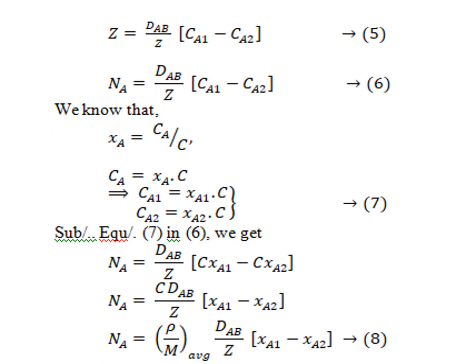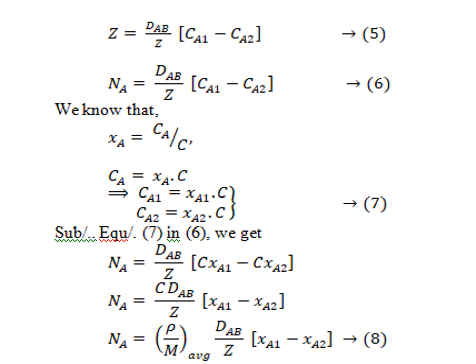Here capital Z is equal to Dab by Na. This is wrong, you change this expression, otherwise you refer to the previous expression. Capital Z is equal to Dab by Na into (Ca2 minus Ca1), and this is a minus value here. Already one minus is there, so interchange Ca1 and Ca2: minus into minus is plus.